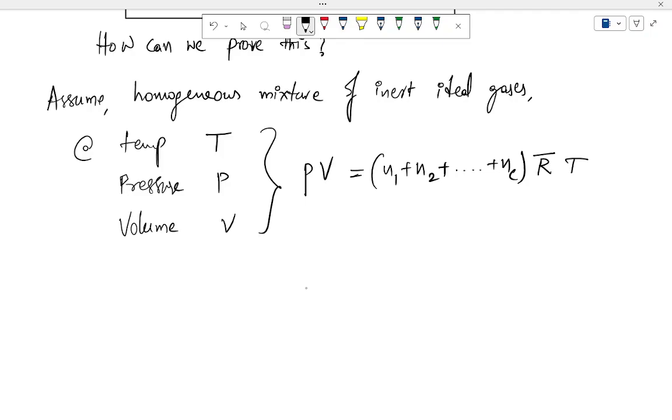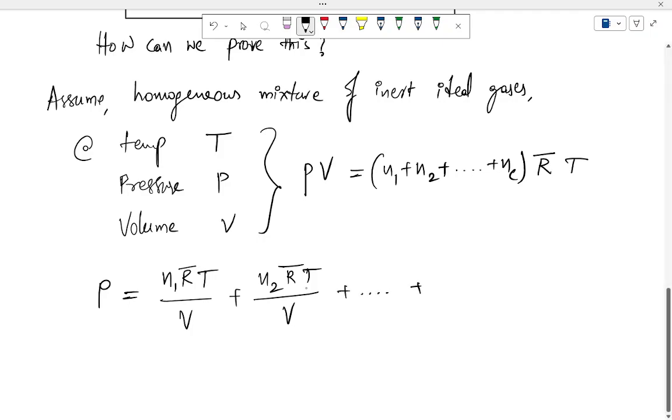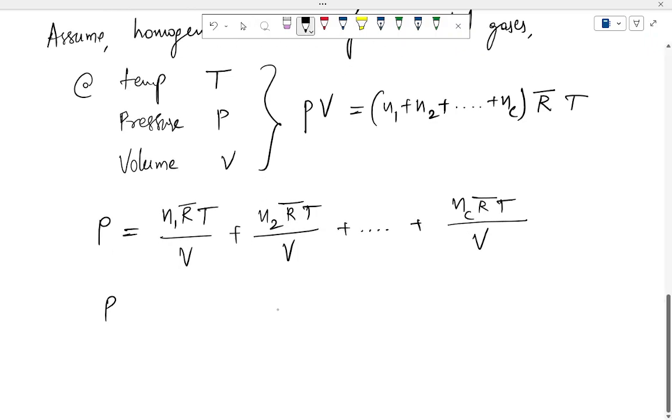I will write it in a different form in terms of P. P on my left hand side, and on the right hand side I will write the expression as N1 R bar T by V plus N2 R bar T by V plus so on plus Nc R bar T by V. This expression N1 R bar T by V is nothing but my P1, plus P2 plus so on plus PC.